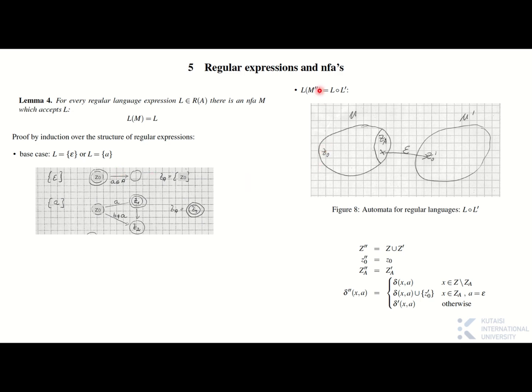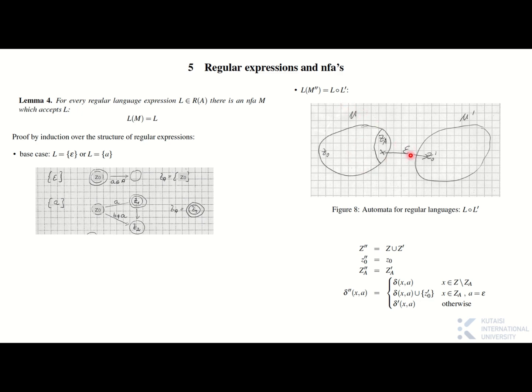And we did this last time as well, right at the end. We talked about this. Actually, some of you solved this. If you have language L that is accepted by an NFA, and language L prime that is also accepted by an NFA, you can construct an NFA, M double prime, that exactly accepts the concatenation of these two and nothing else.